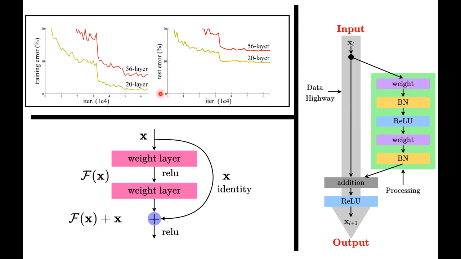But rather than thinking of these skip connections as additional parts to the model, think of it this way. There is a direct highway from the input to the output, which is created by these identity skip connections. And there are small processing blocks. And what do these processing blocks do?